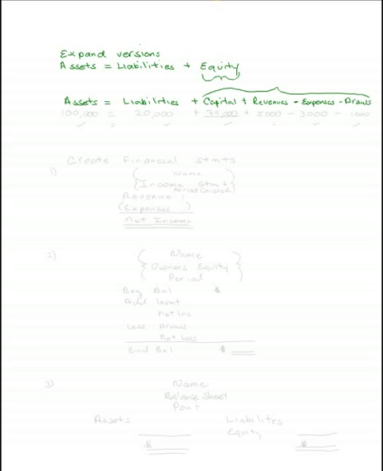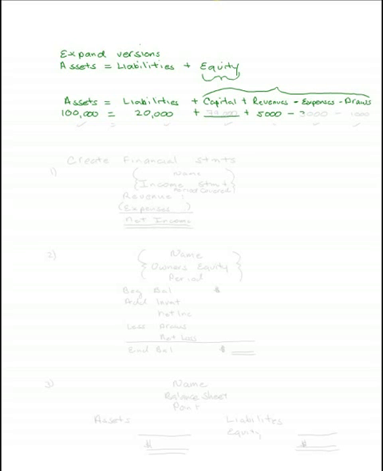Let me give you an example, and you can see it would still work. Let's say we have assets of $100,000, and that we have liabilities in this example of $20,000. Not our car purchase, but a different example. And that I haven't told you what the owner's capital account is, but that I have told you revenues for the business are $5,000.